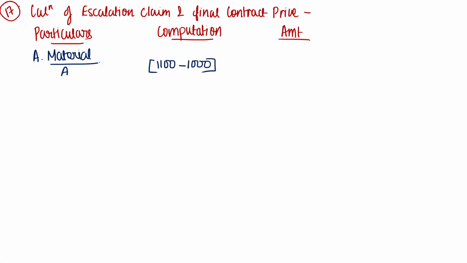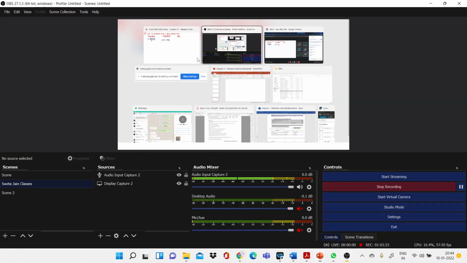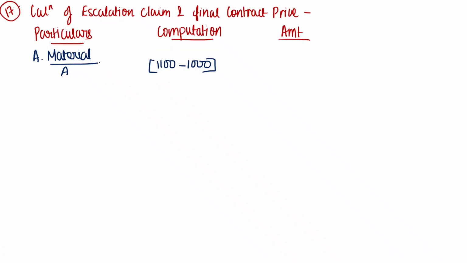Yes or no? It's 1100 minus 1000 is the change in the price, into what quantity should I take?